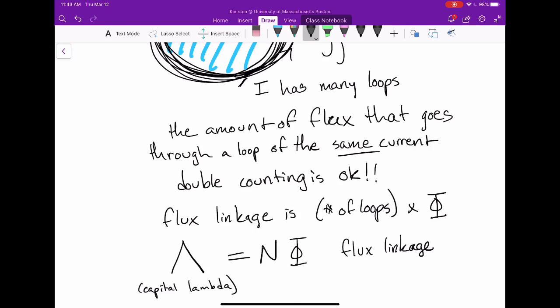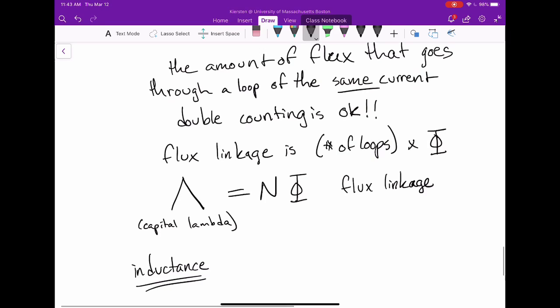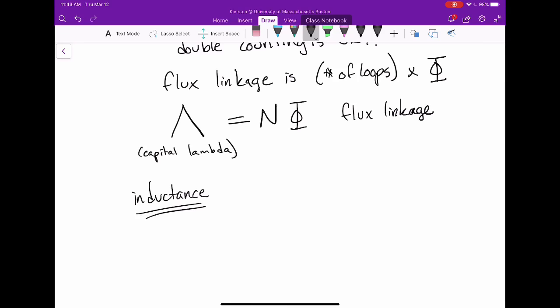Now we know enough to talk about inductance. Which is defined, we give it the variable L, and it is defined as the amount of flux linkage per unit current.